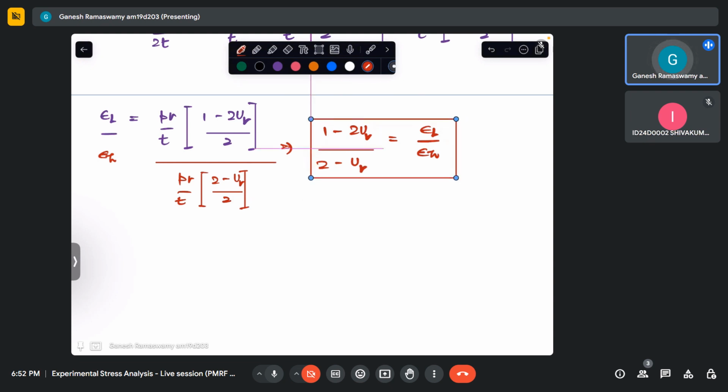Now, why is this important? As we saw, if there is a Poisson's ratio mismatch, then we need to evaluate this ratio, and this won't be exactly equal to the Poisson's ratio of the specimen material.